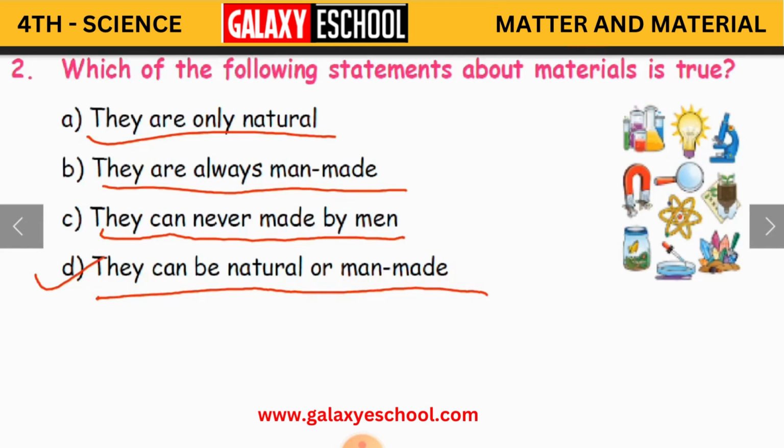As we have learnt in the beginning of this lesson, children, materials can be natural or man-made. Natural materials are, for example, a dog, a fish, a human being, water. Man-made materials are like the smartphone, chair, vessels. So D is the correct statement, children.